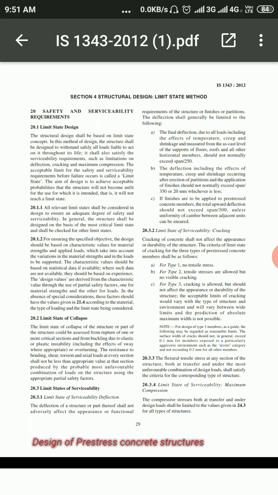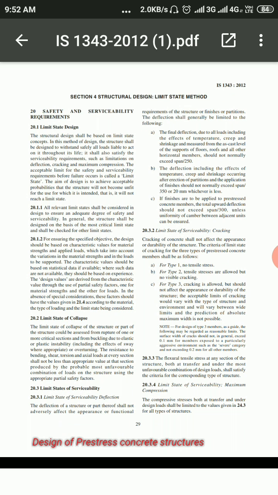I'll repeat once again. We use prestressed concrete members and slabs because some educational and industrial buildings have live loads of higher order, that means a large amount of live load.